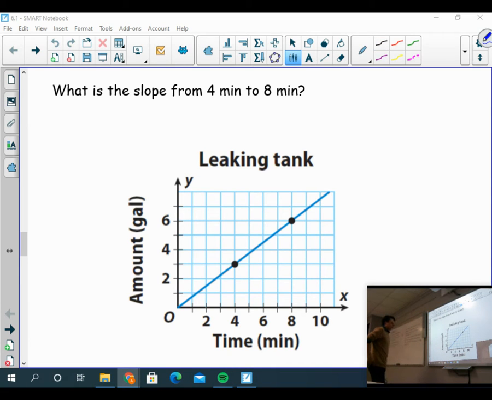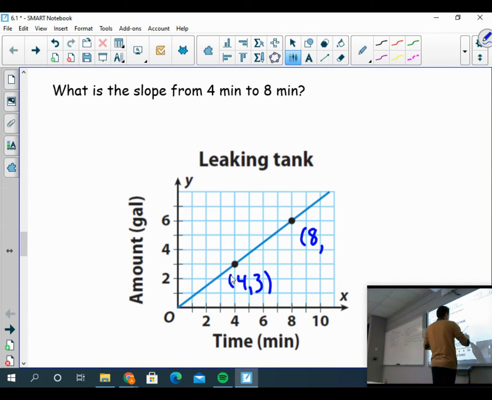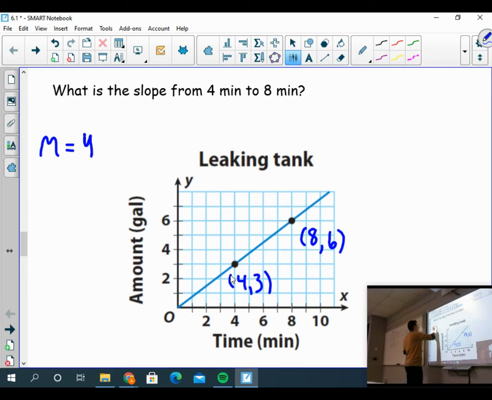Well, how do we think about this? We could think about this in the traditional sense. We could identify our two coordinate points here at (4, 3) and (8, 6), and we could calculate our slope using y2 minus y1 over x2 minus x1.